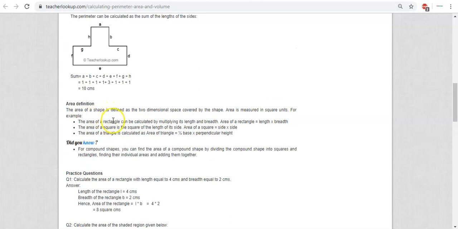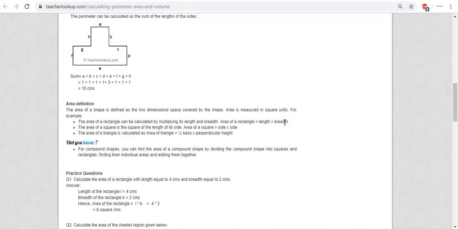So area definition. The area of a shape is defined as the two-dimensional space covered by the shape. Area is measured in square units. For example, the area of a rectangle can be calculated by multiplying the length and the breadth. Area of a rectangle equals length times breadth, which we've already spoken about.